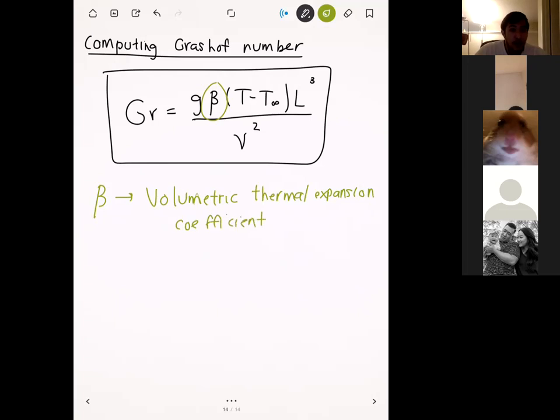Its exact mathematical definition is given by the following. Beta is equal to minus 1 over rho, where rho here is density, multiplied by the derivative of rho with respect to T. Basically, what this beta represents is how quickly or how much density can change when the temperature changes.